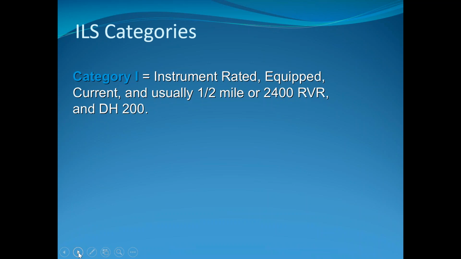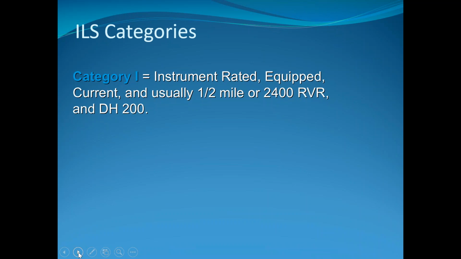The only thing you need to be concerned with in this class is Category 1. Okay? Category 1 is the only thing that we use in this class. We won't go any lower than that. You'll know what Category 2 and Category 3 are. They're just basically lower minimums of the same thing that we're looking at here.